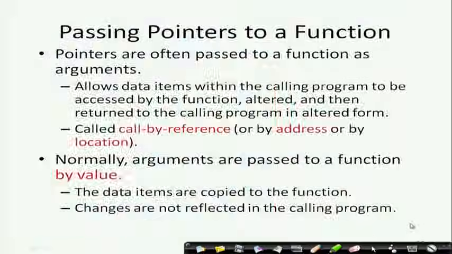Therefore, whatever change was there was lost. But if I had just passed the pointer, then whatever change I make at that particular location, I simply pass the address and make a change over there, then the change is reflected, because it is the same location. That is known as call by reference.